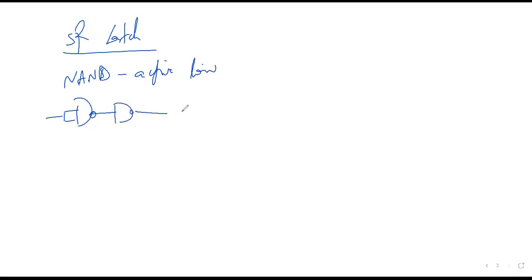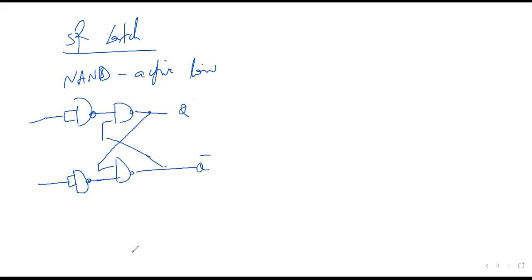So here we have Q bar, here we have Q. I think it looks something like this. Here we have Q bar, so it comes here, and it comes here. Right, I think that is an SR latch.